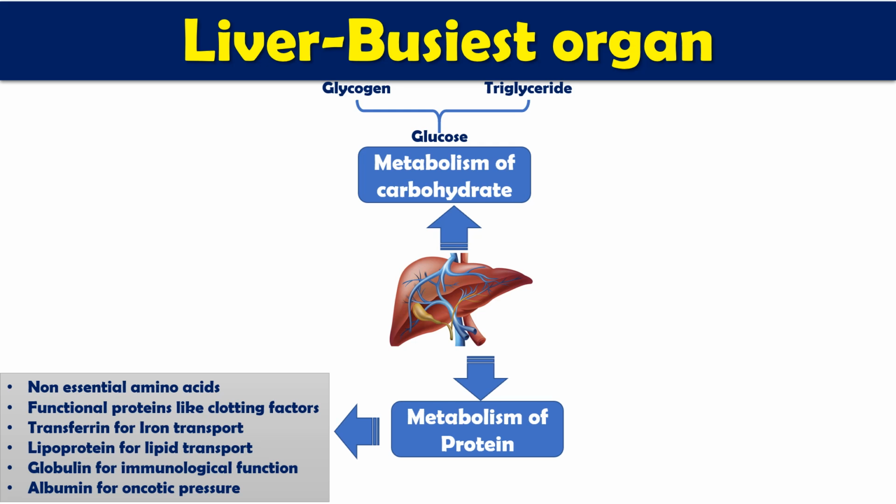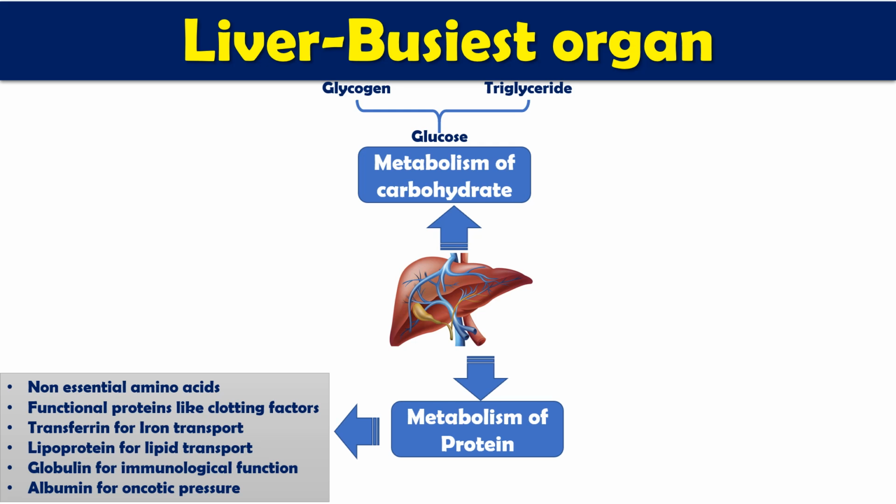Other than clotting factors, complement proteins. The complement system is one of the most important systems of our immune system, part of both innate and adaptive immunity. Roughly the complement system requires 30 to 35 different proteins, and most of them are synthesized in the liver. Not only clotting factors and complement, most of the acute phase proteins are also produced in the liver.